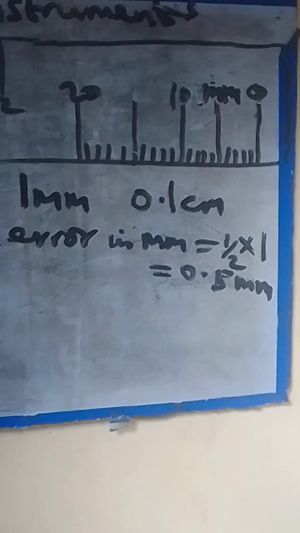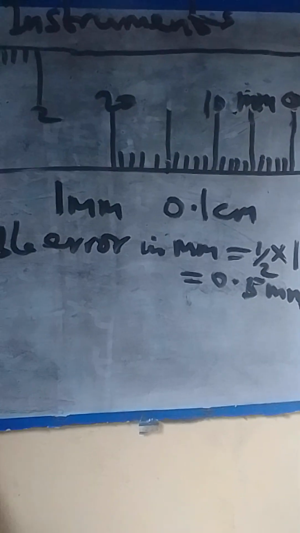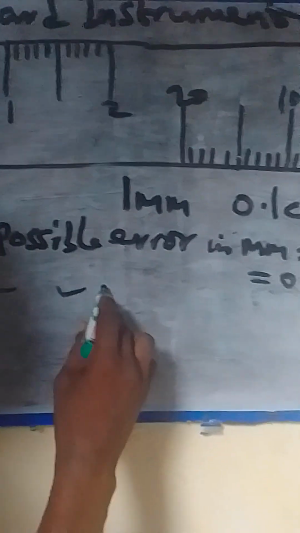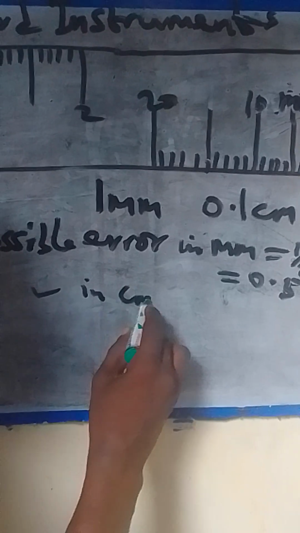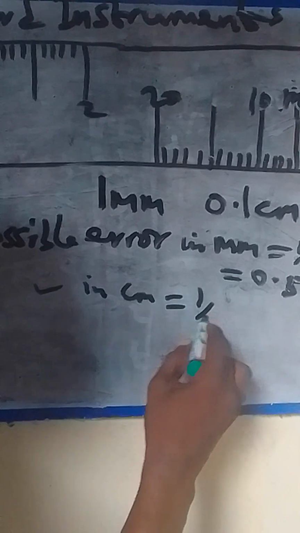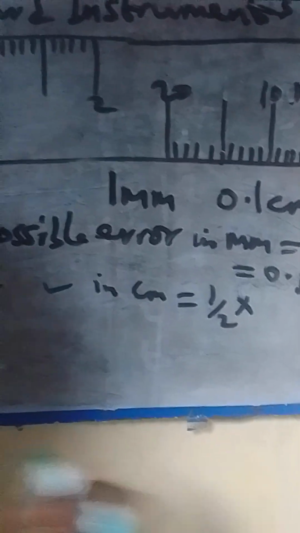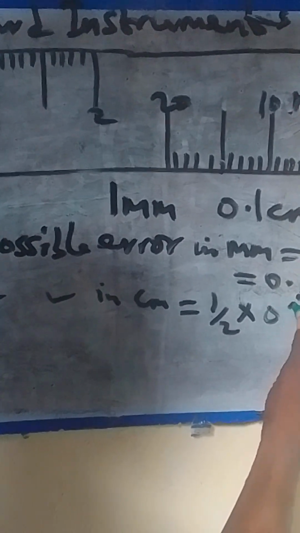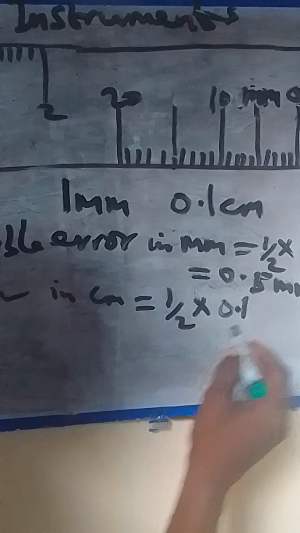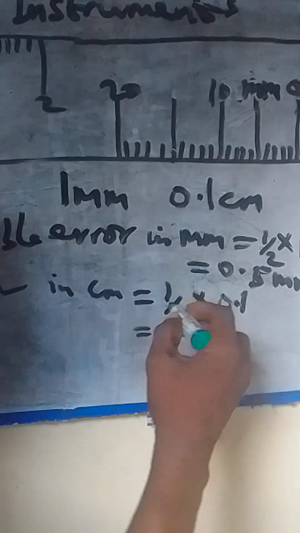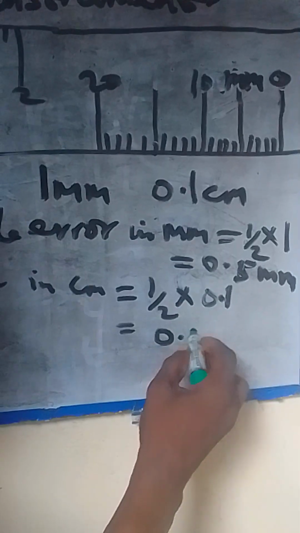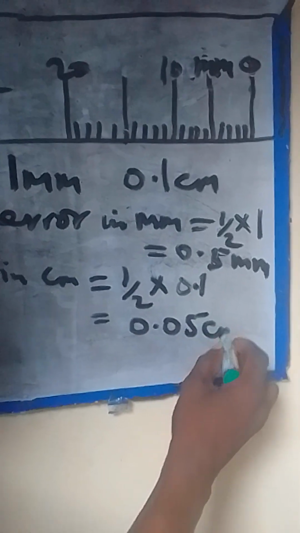So the least possible error in centimeters will now be half times the smallest division, which is 0.1, and it is going to give us 0.05 centimeters.